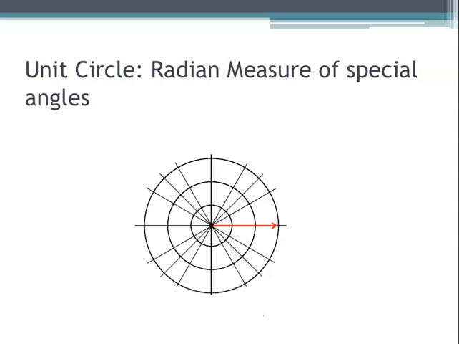Starting here, on the positive x-axis in standard form, this is 0 degrees or 360 degrees. Either we haven't rotated at all, or we've already rotated all the way around. It could be 0 radians or 2 pi radians. Next, on the opposite side, we have 180 degrees, which is equal to pi radians.